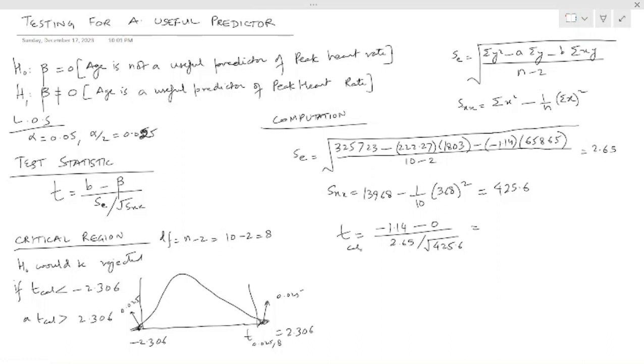So that's minus 1.14 divided by 2.65, then divided by the square root of 425.6, which is minus 8.87.